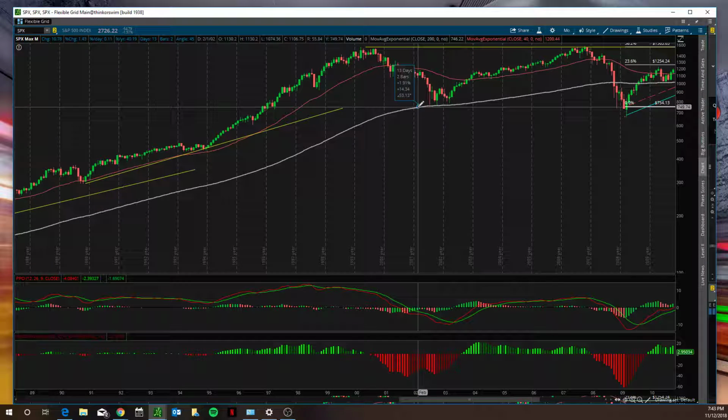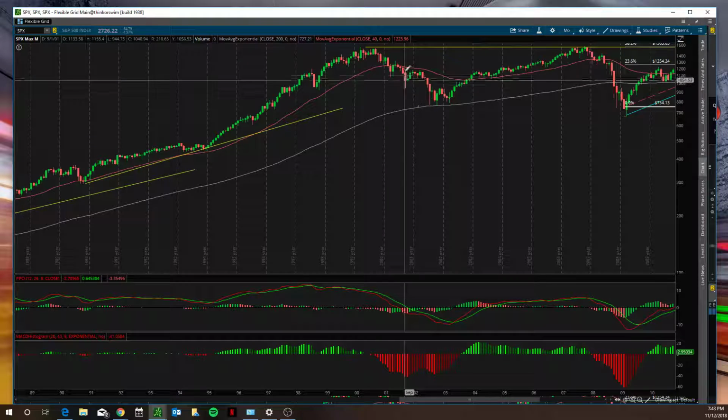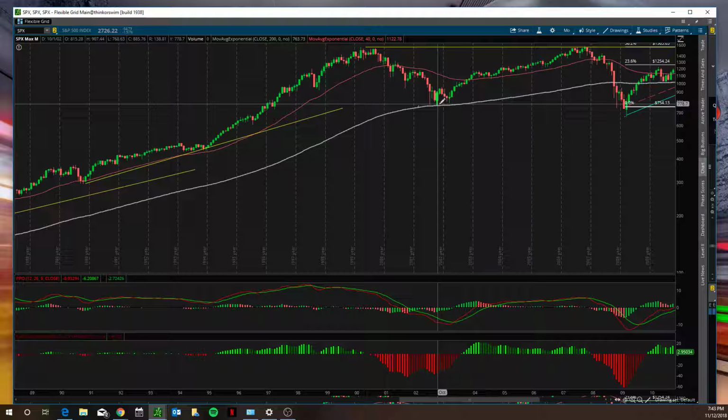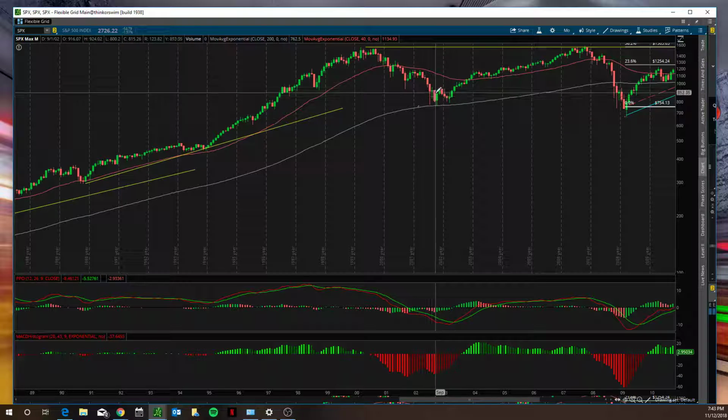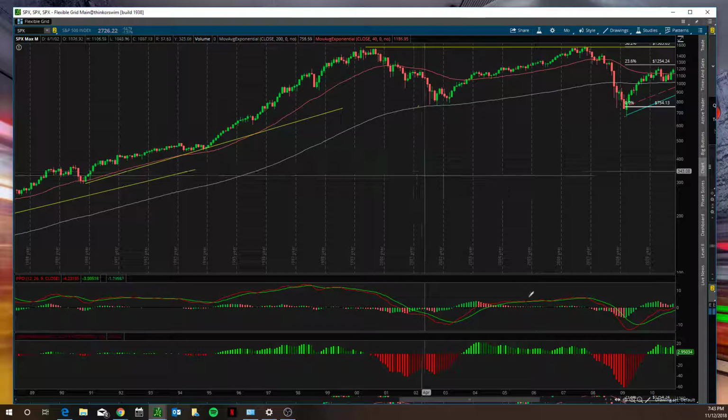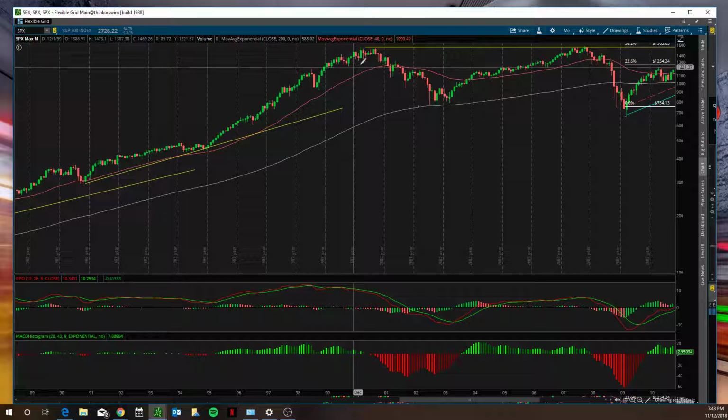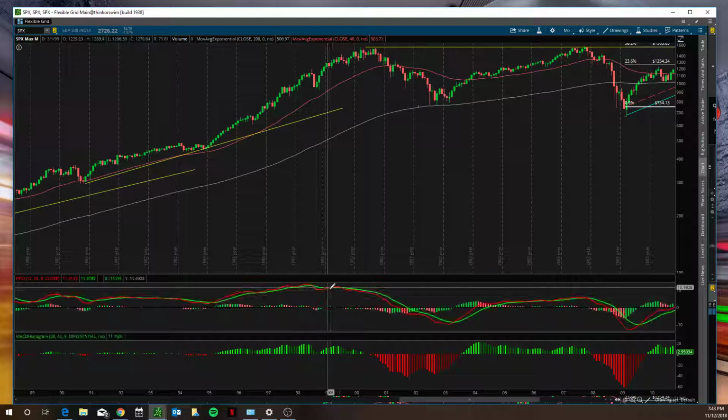It looks like a very small move, but that's because when I say this is a monthly time frame, that means each of these candles is one month. So this entire candle right here is the month of October, right? So what do you see when this market goes to turn over? Number one, we see that this red line is on top of the green line.